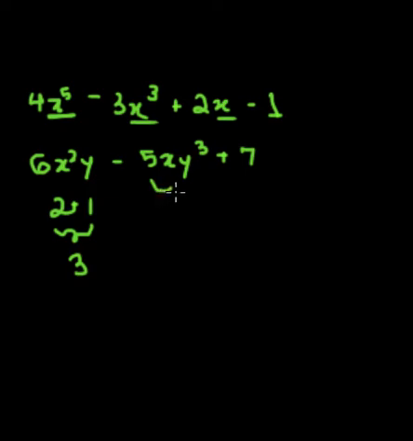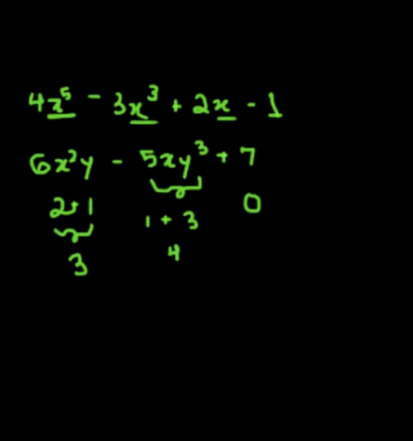Then over here, it will be 1 plus 3, which gives you 4. And here it would just be 0. So it's clear that the term negative 5xy cubed is the one with the highest degree in this polynomial, because it has a degree of 4.